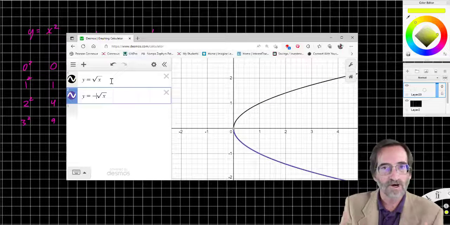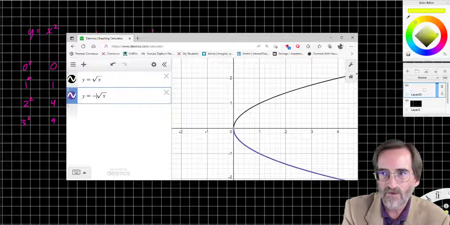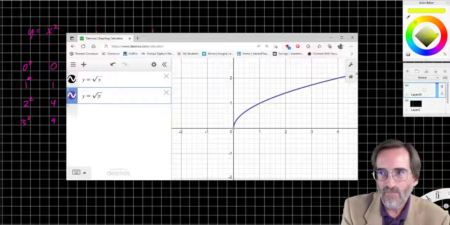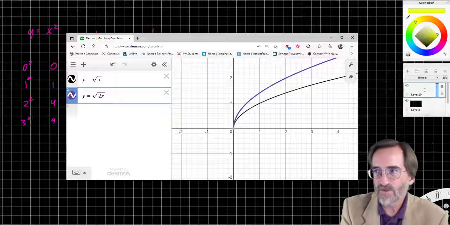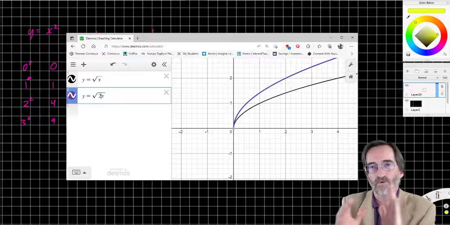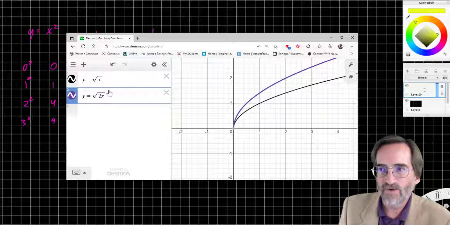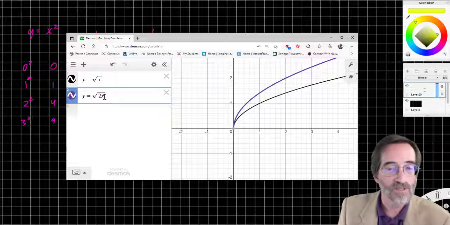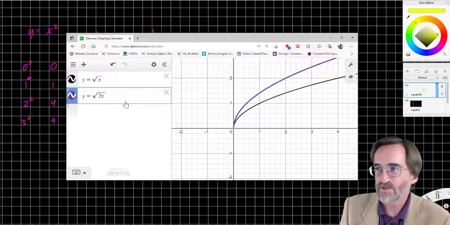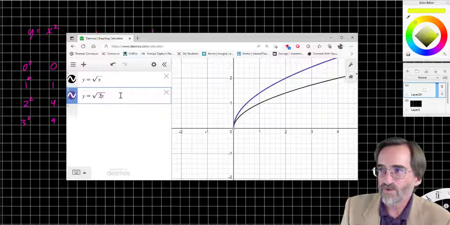Now we get the bottom half. If I multiply x by 2, I don't think this is in the lesson, but it compresses it horizontally. It's now half as wide, because multiplying x by 2 makes the function think that x is twice as big as it really is.